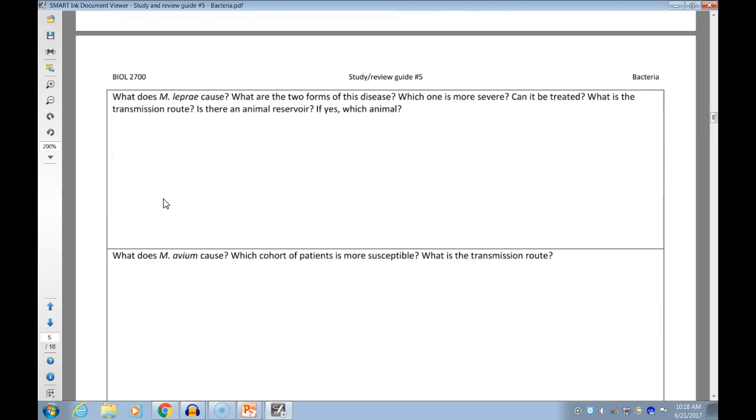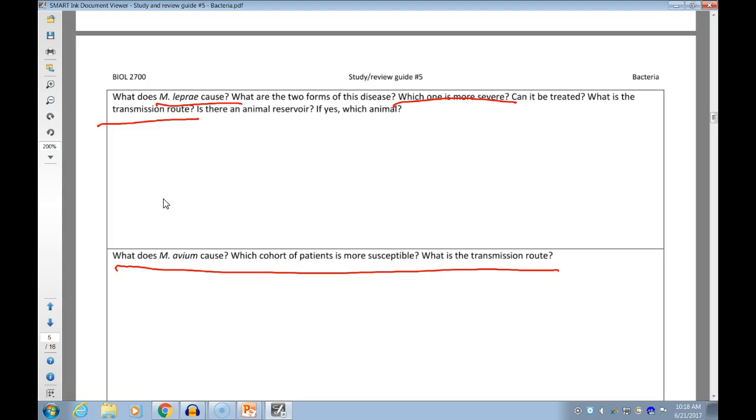Okay. Leprosy, granulomatous form, lepromatous form. Lepromatous is more severe. Can it be treated? Yes. Antibiotics, super effective. Transmission route, contact mostly, can be respiratory. It is zoonotic from armadillos.